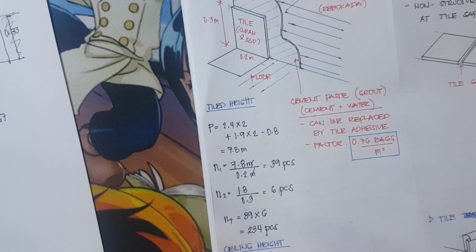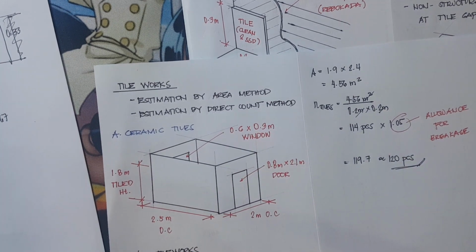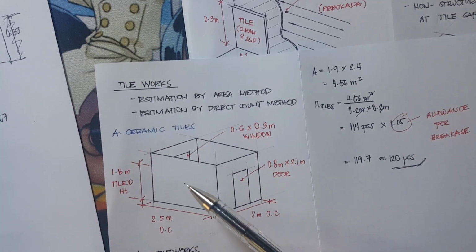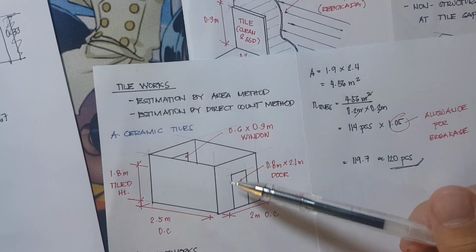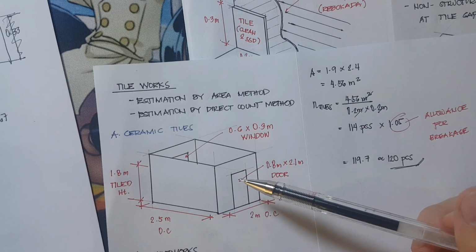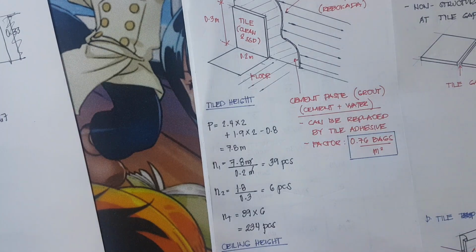This time we try the ceiling height. For the ceiling height, what we're going to consider is the perimeter of the whole T&B. Then we subtract the area of our window and the area of our door. So, I repeat, we consider the whole perimeter.